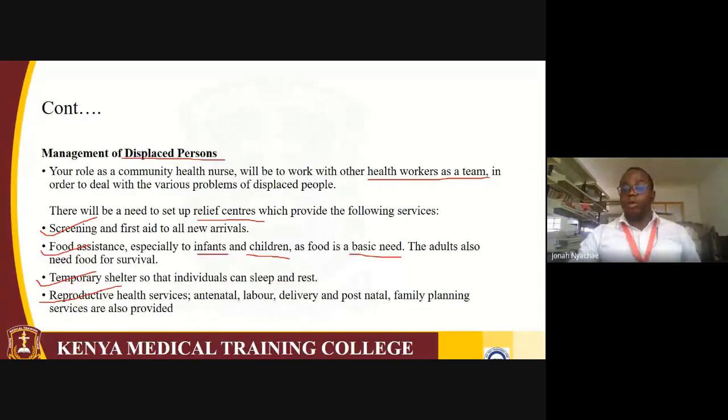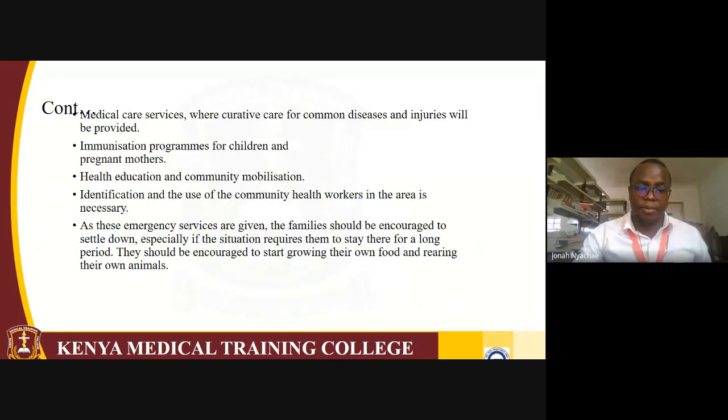You can offer them antenatal, labor, delivery, and postnatal care, as well as family planning services. So the medical services that you offer could be curative or preventive. Immunization programs, you can as well offer them.